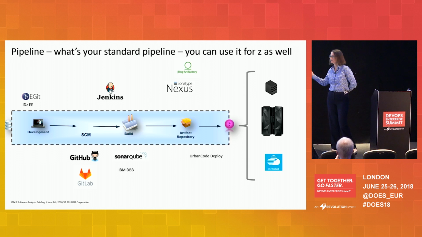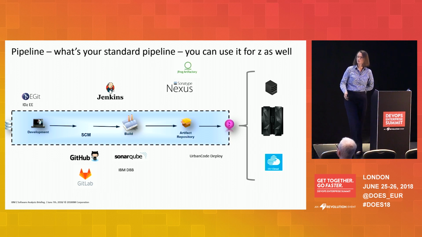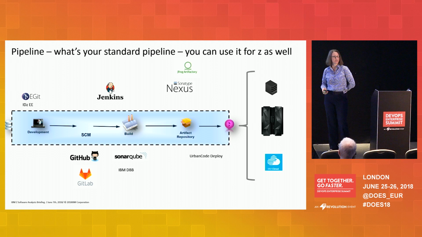There are other choices. But let's say it's one of those. Why shouldn't your COBOL or your PL/I be sitting in the same repository? There's no reason. You're going to run your GitLab, your GitHub, your Bitbucket, wherever you run it, because you run it somewhere.